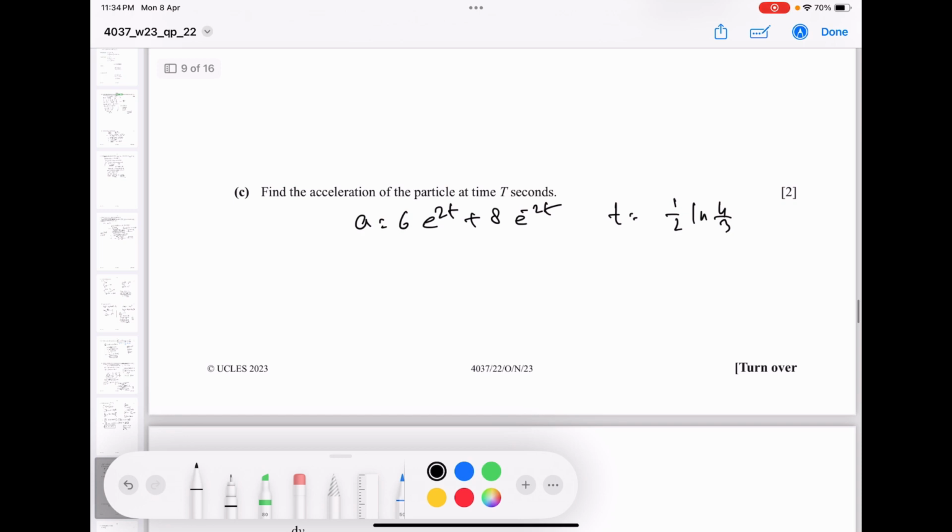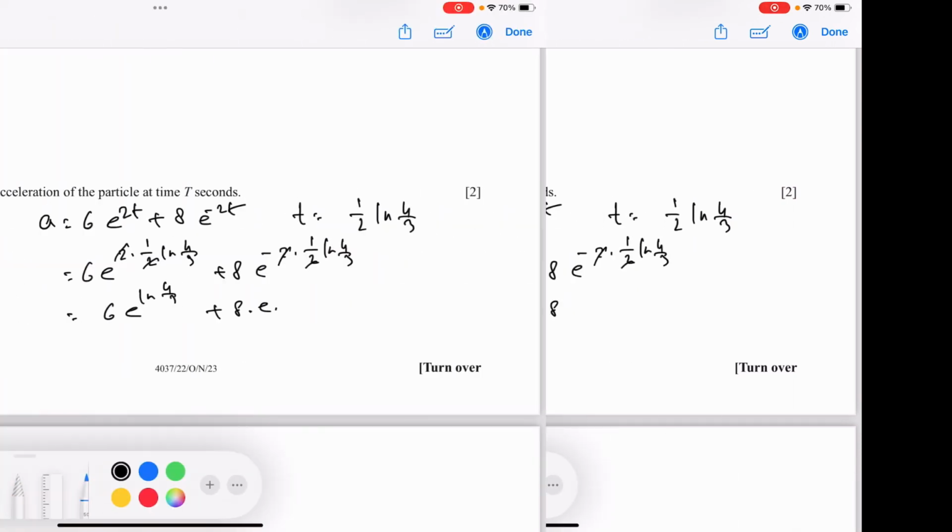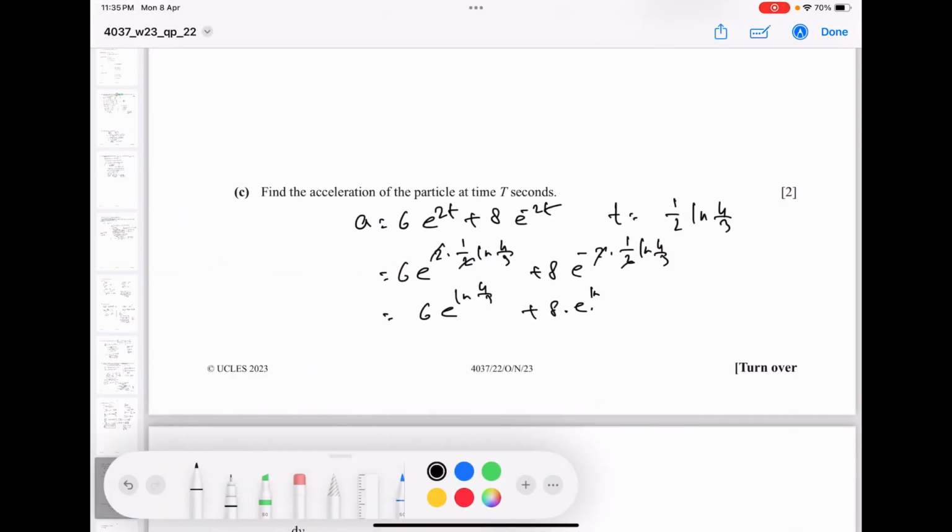Okay, let me use 6e^(2 times half ln 4/3) plus 8e^(minus 2 times 1/2 ln 4/3). Directly, if we use calculators or other ways, the 2 cancels, and then 8 times 4/3 to the power minus 1.